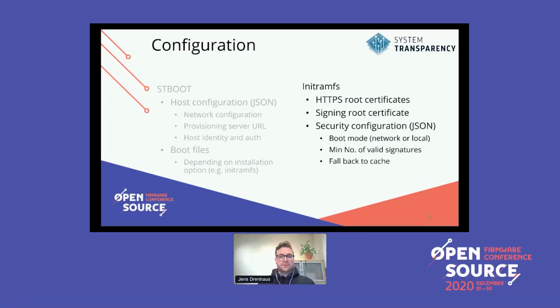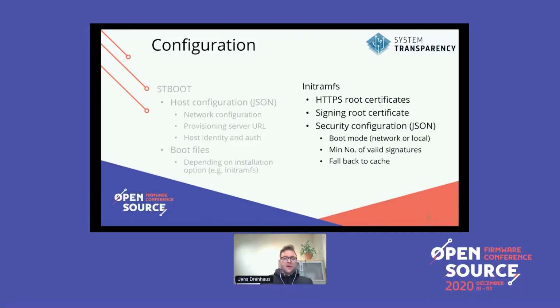This one defines boot mode, either network or local, the minimum number of signatures that must be valid. Remember that you can sign an OS package with more than one signature. And last, a flag that determines whether the OS package should be cached when using network mode. The configuration is separated for several reasons.